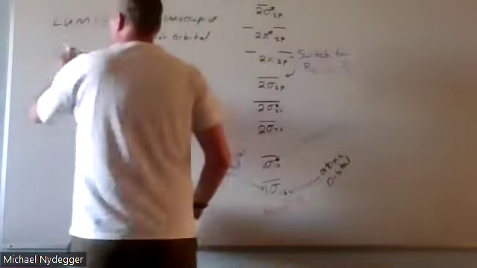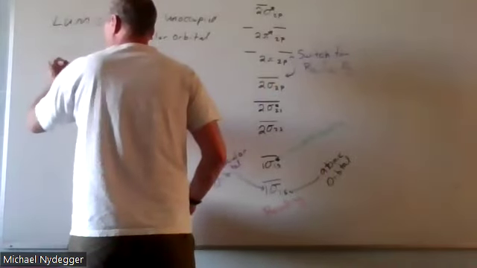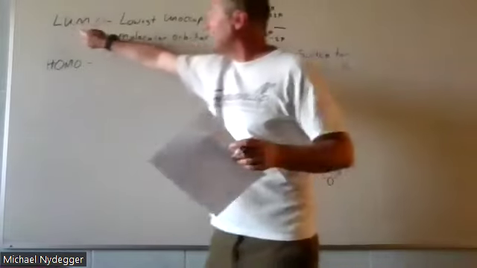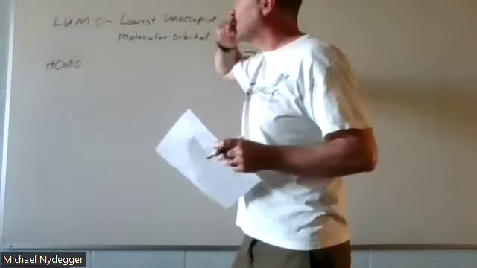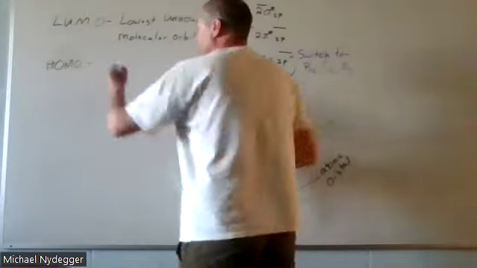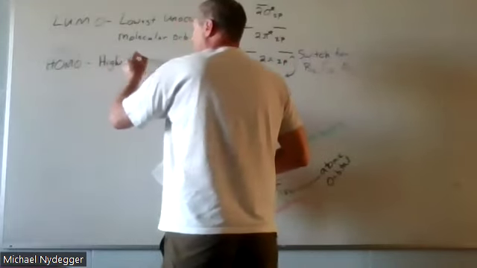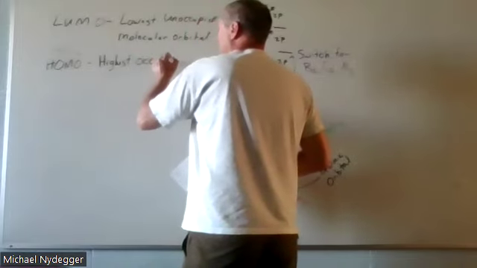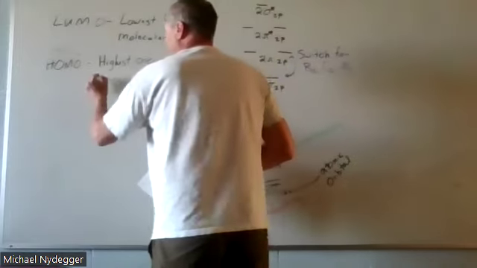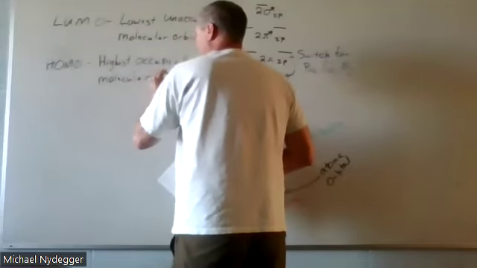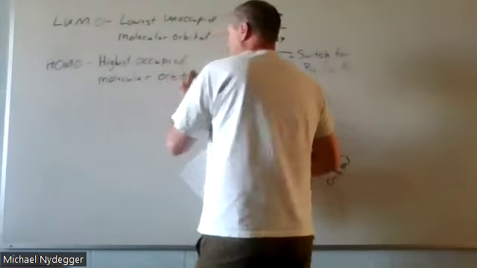Then we can have what's called the HOMO. L is the lowest, and this is unoccupied. This is going to be the highest occupied molecular orbital.